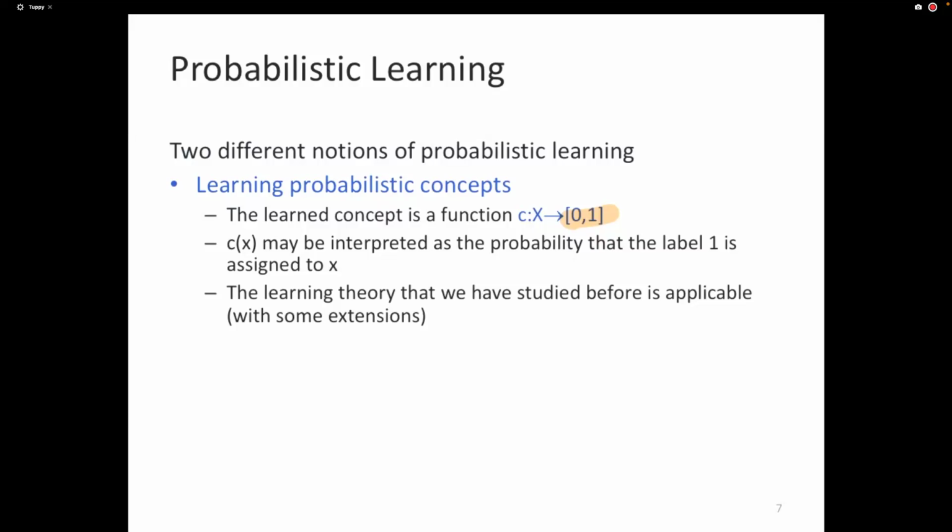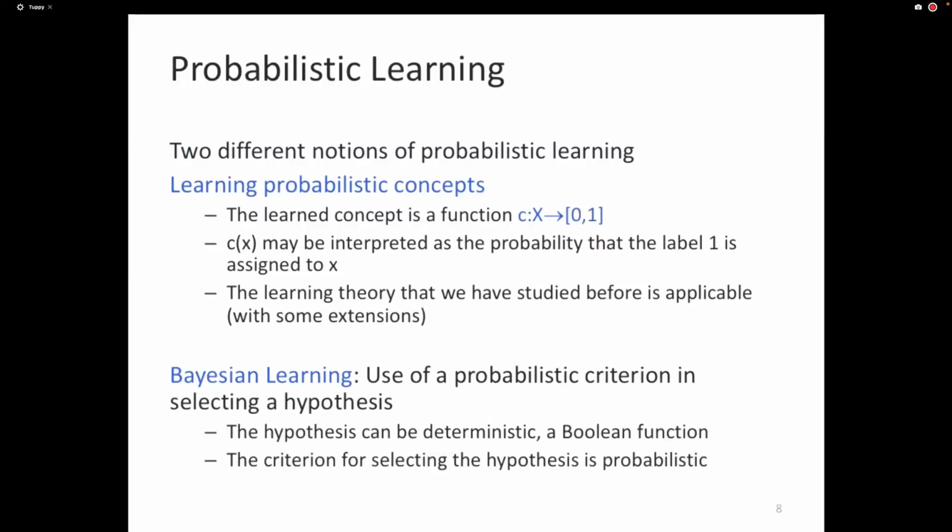There's another thing that also shows up under the umbrella of probabilistic learning, and this is Bayesian learning. Here, the idea is we use a probabilistic criterion to decide which hypothesis to favor. In other words, no matter what learning algorithm we have, it uses some criterion to search the hypothesis space. It uses some definition of the best hypothesis given the data.